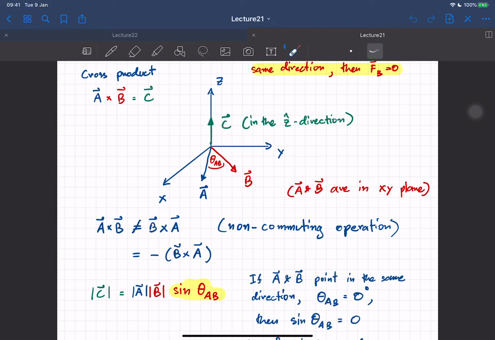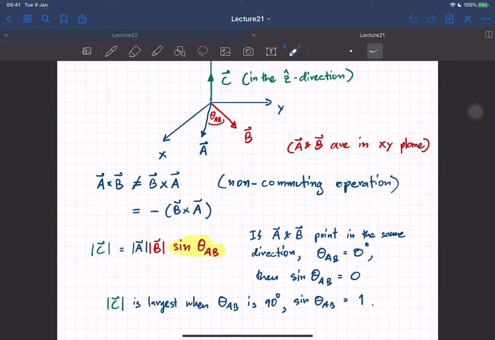One important thing is that when you do the cross product, you cannot reverse the order. A cross B is not equal to B cross A, unlike multiplying normal numbers like 5 times 4 equal to 4 times 5. This is not the case here. If you reverse the order of the cross product, you're going to have a minus sign.